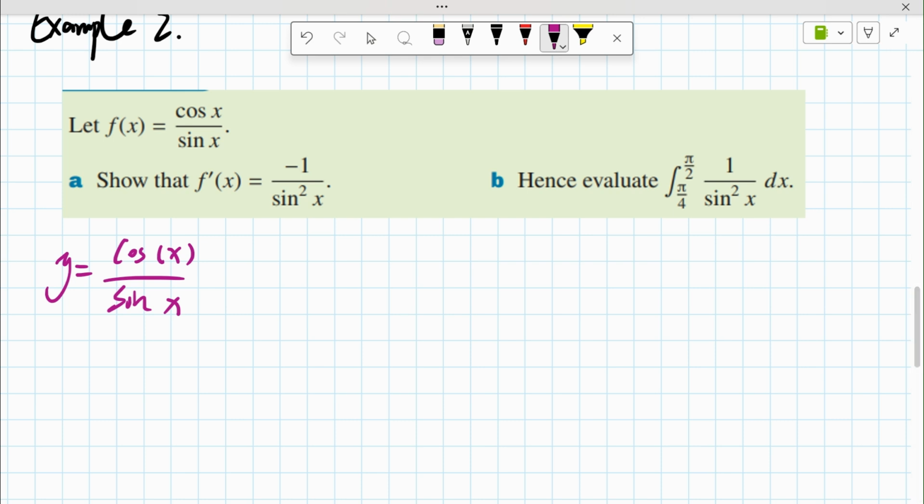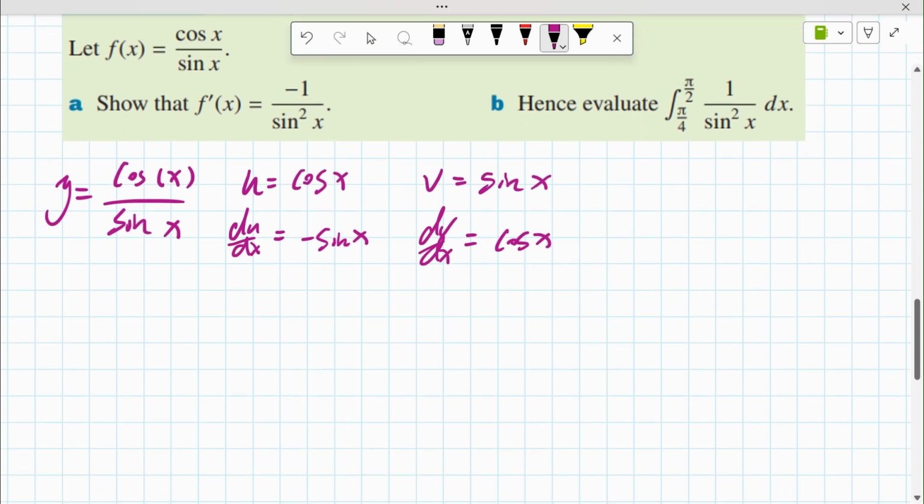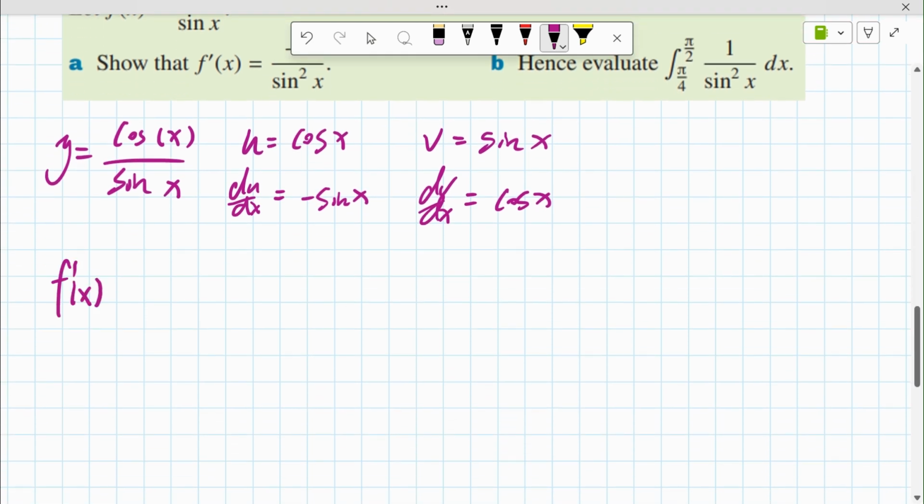So let u equal cosine x, du/dx equals negative sine x, v equals sine x, and dv/dx equals cosine x. So now we know f dash x equals, we know v squared on the bottom of the fraction, so sine squared x.